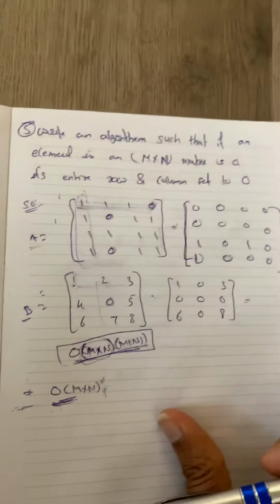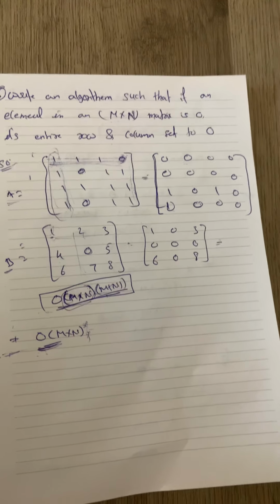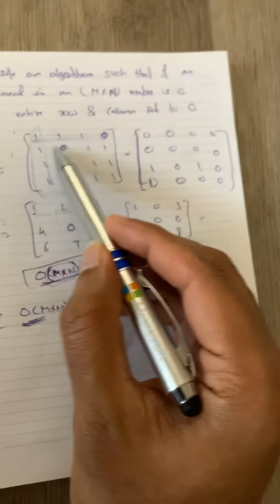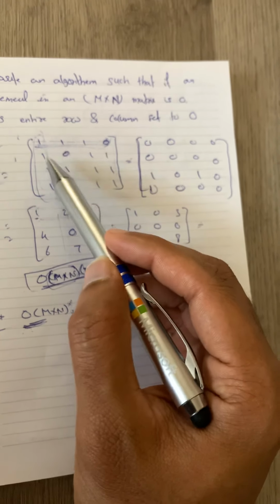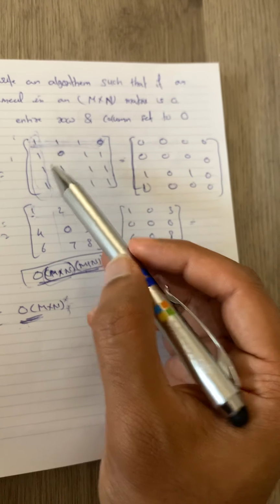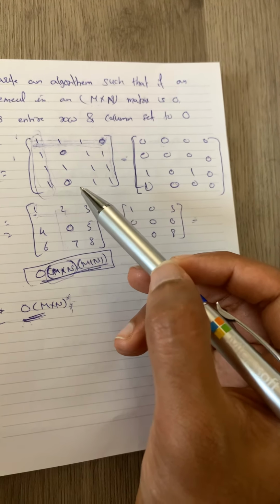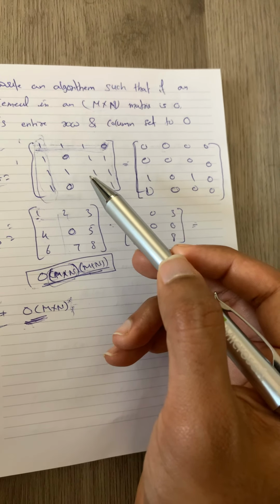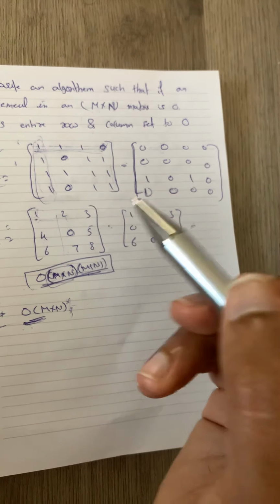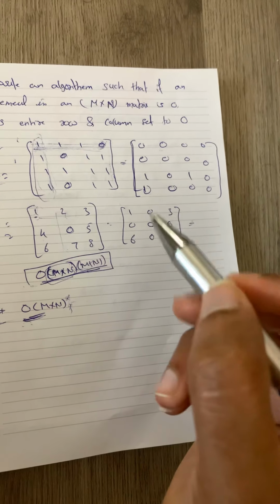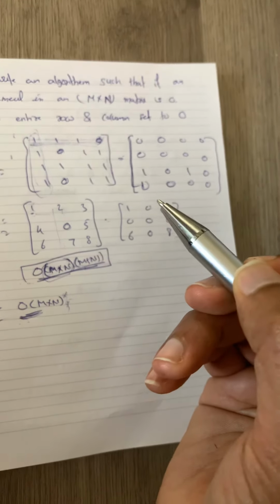In that solution, the idea is simply traversing through each element in the matrix, and we will also take the first row and first column, and check whether any cell in that row or column has a value 0 or not.